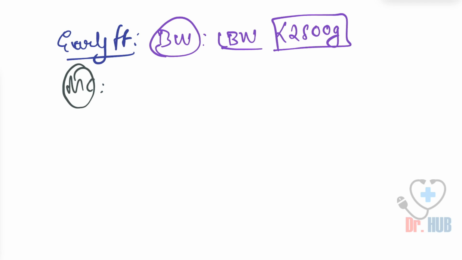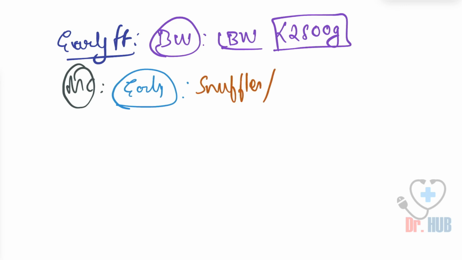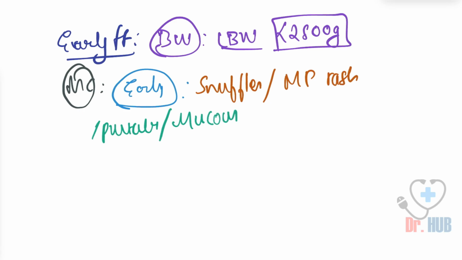The mucocutaneous early features include the presence of findings such as snuffles. There is the MP rash, which stands for maculopapular rash. After this, we also have the pustules. Next, also the mucus patches.